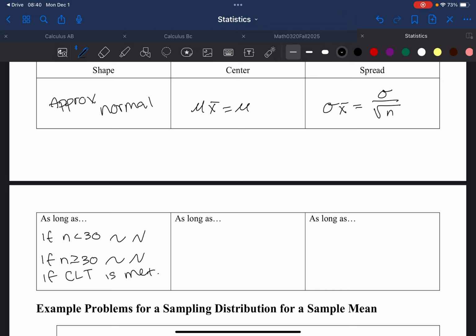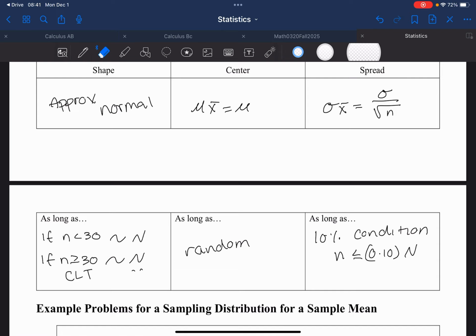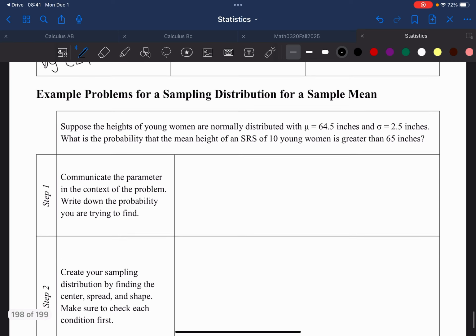For the center, we know that the center is going to be mu of X bar equals mu as long as it's random, and that has to be random selection or random assignment. And then for the spread, we are going to meet the 10% condition just like before. So that's n is less than or equal to 10% of population size. And let me rephrase this a little. It should be by central limit theorem.